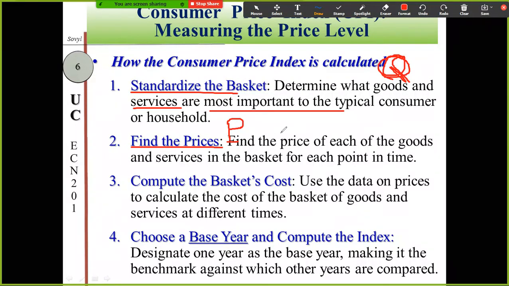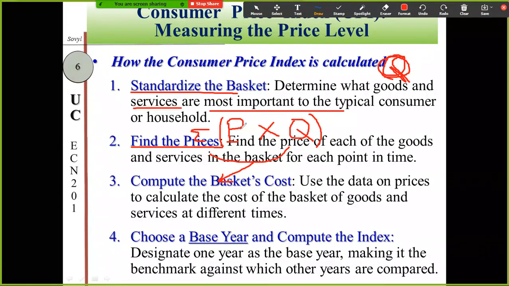If you know the price and the quantity, you multiply the price by the quantity you buy. This is the cost you will pay for this product. If you buy many goods and services in your basket, you need to add them together. This is step 3.